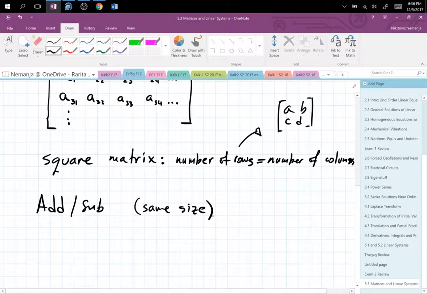And the way you add is you add corresponding spots. So 1 1 spot to 1 1 spot, 2 1 spot to 2 1 spot, and so on.